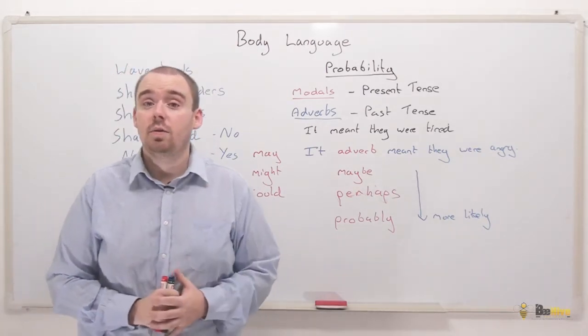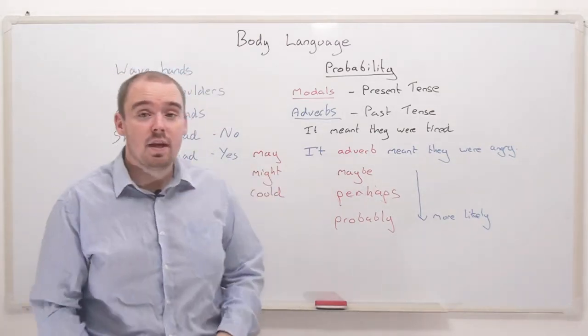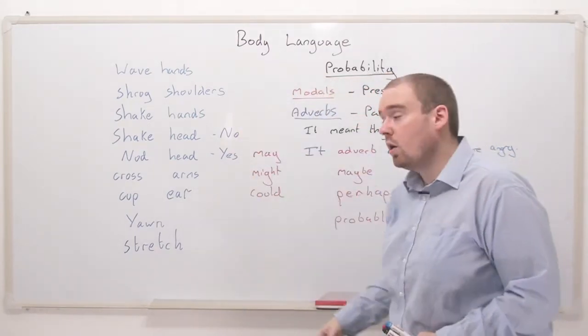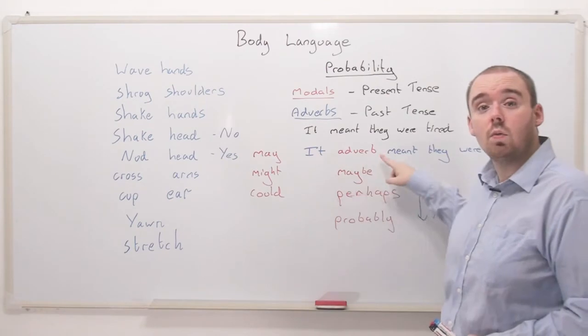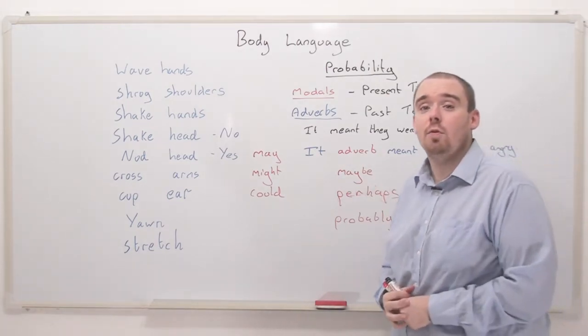So what I'd like you to do now is go practice making sentences about what these mean using these words. Okay? And I'll come back with a dialogue in a few minutes.